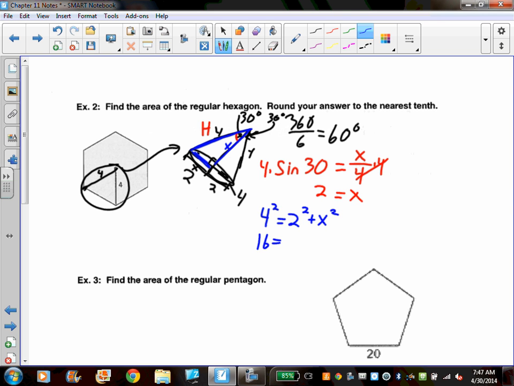That tells us that 16 equals 4 plus x squared. So we'll subtract 4 and subtract 4. We'll get that 12 equals x squared. If we take the square root of 12, we discover that the missing leg, which is the apothem, has a length of about 3.46.